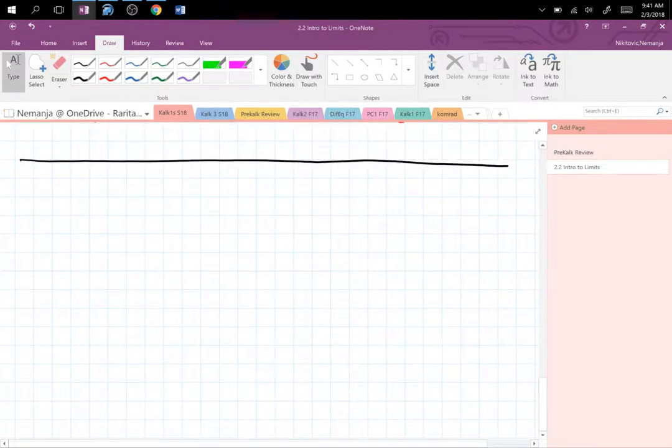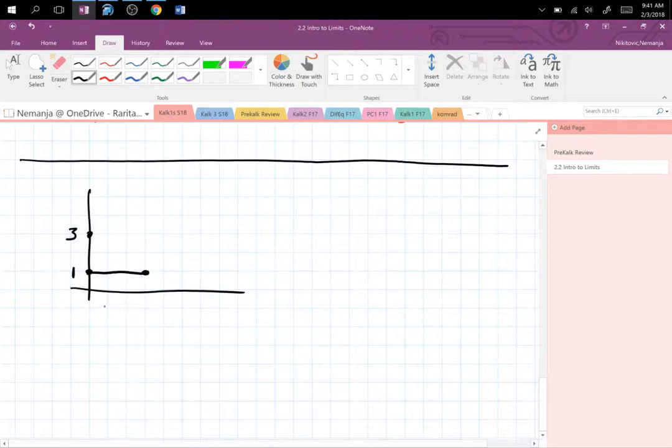Last time we touched upon the notion of the step function. So I'm going to draw a basic step function, 1 and let's say 3. Here we go. This is 7, not 6.